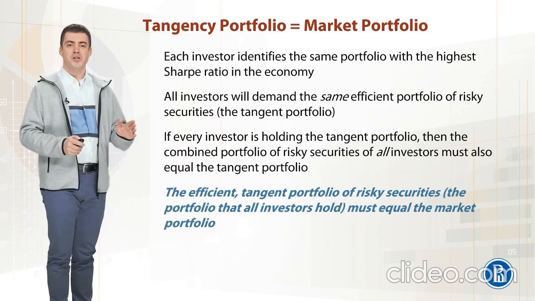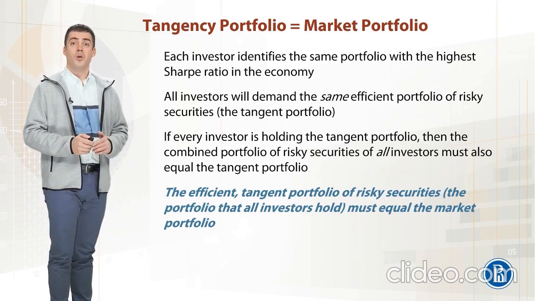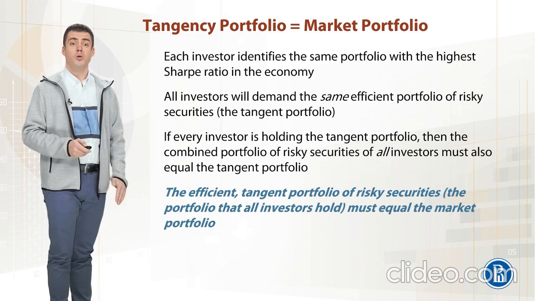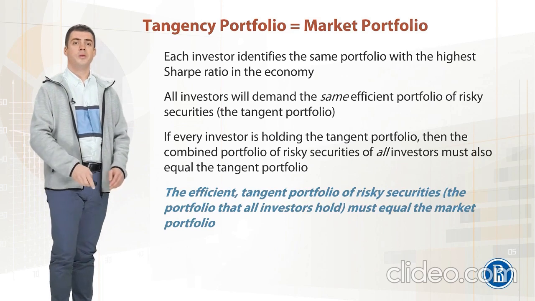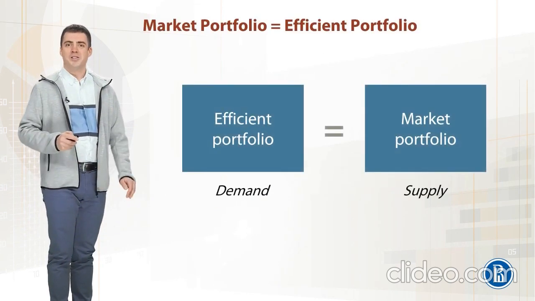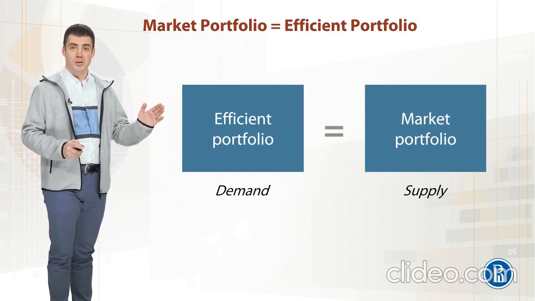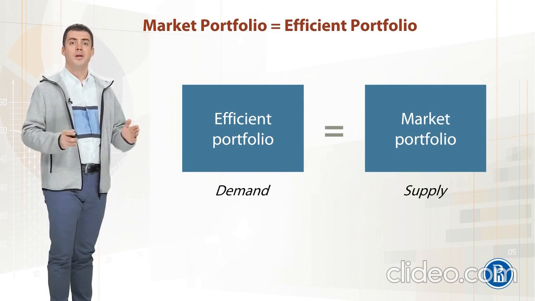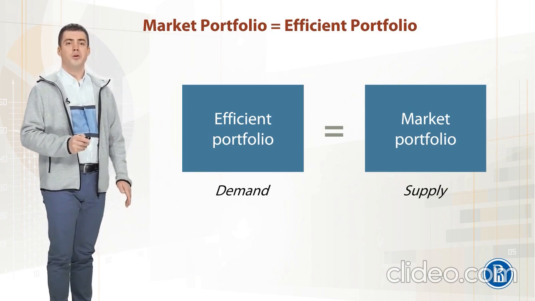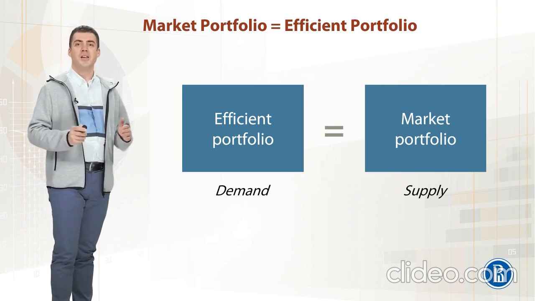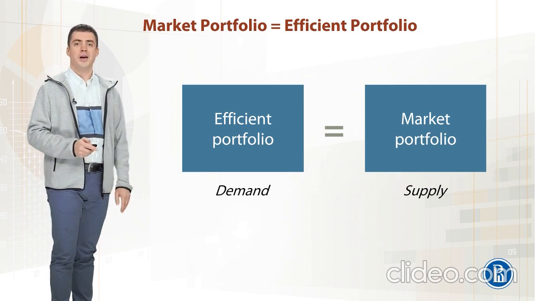Therefore, the efficient tangent portfolio of risky securities, or the portfolio that all investors hold, must equal the overall market portfolio. The insight that the market portfolio is efficient is really just a statement that demand must equal supply. In other words, all investors demand the efficient portfolio, and the supply of securities is the market portfolio. Hence, these two must coincide.